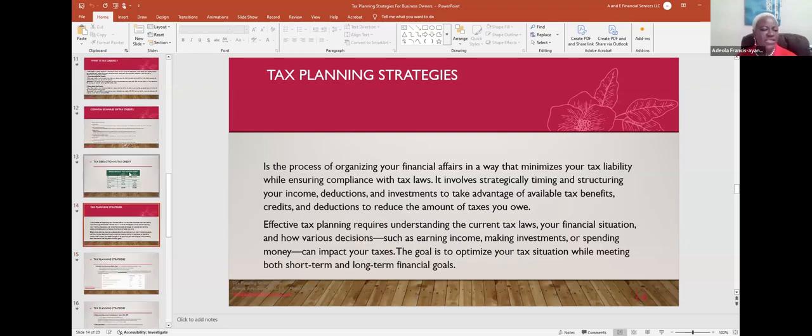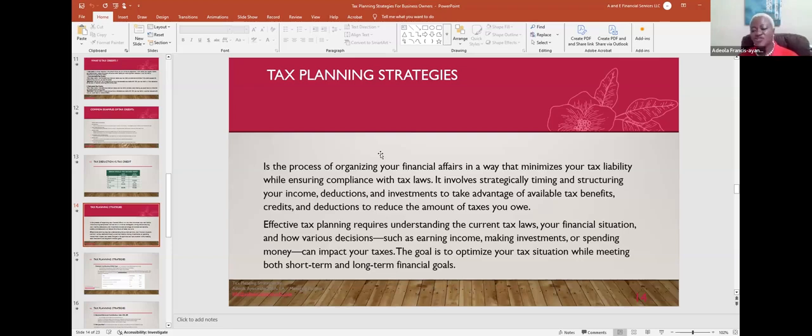Now, I'm going to proceed to the main topic, which is tax planning strategy. What is tax planning strategy? It's the process of organizing your financial affairs in a way that minimizes your tax liability while ensuring compliance with tax law.